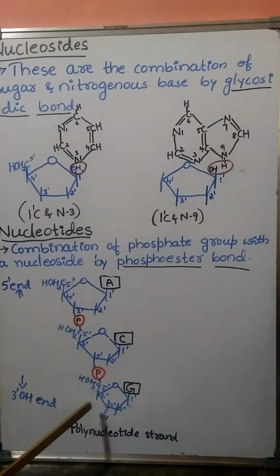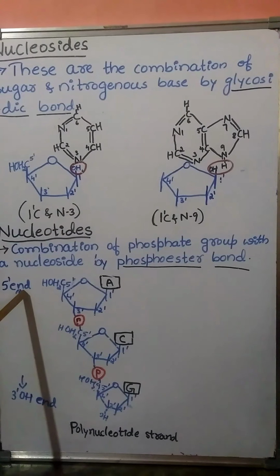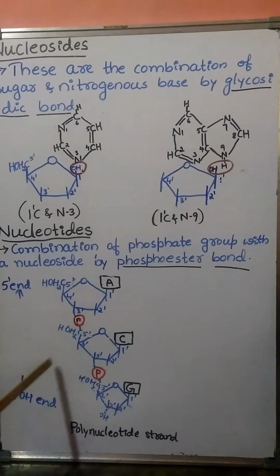That means each polynucleotide strand contains a 5' end at one end and a 3' end at the other end.